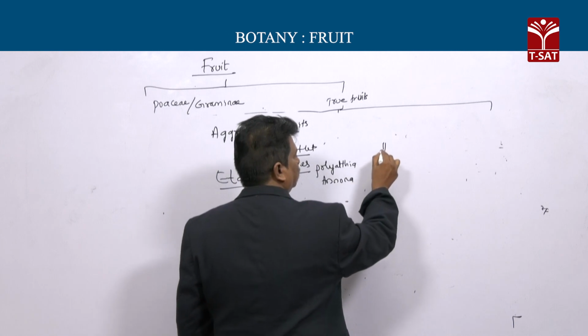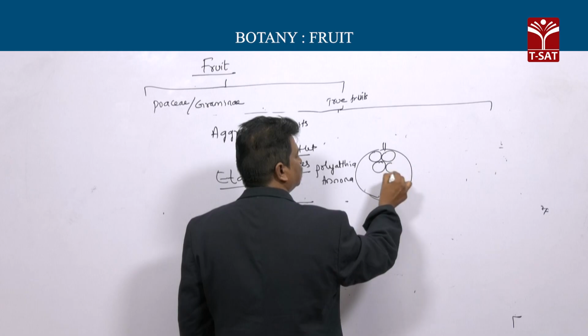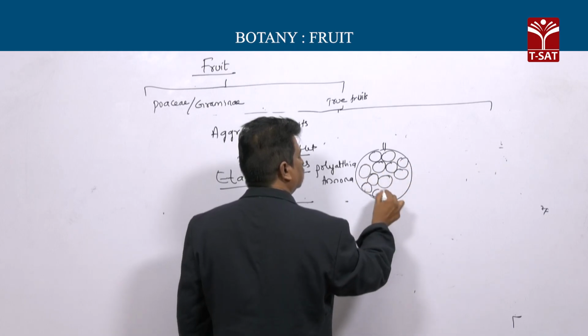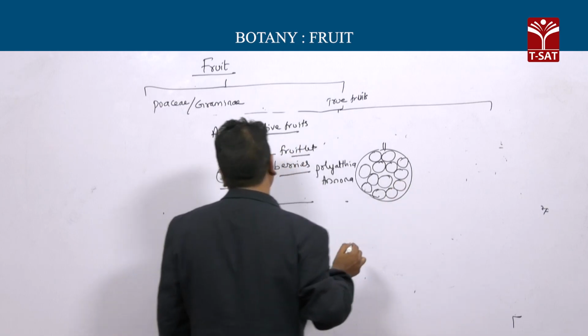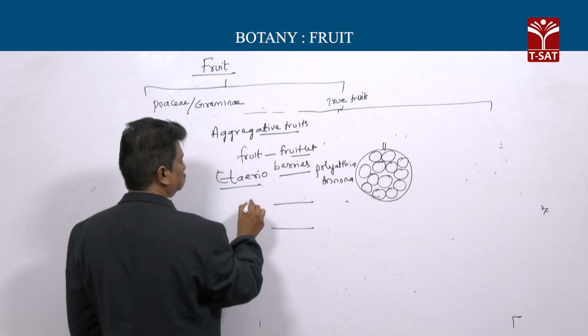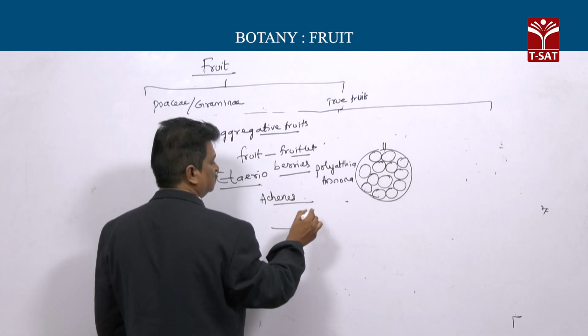But in Annona, all these fruitlets get fused and it looks like a single fruit. Etaerio of berries.